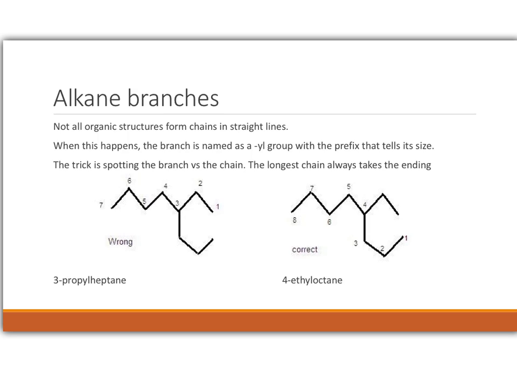So based on these 2 pictures below, depending on how you name it, you get 2 different names. There's 3-propylheptane or 4-ethyloctane. The rule, when it comes down to naming branches, is you always find the longest chain possible, and then you name branches off of that. Okay, so the first picture goes with just the visible chain at the top, which counts 1, 2, 3, 4, 5, 6, 7, which is why it's heptane.